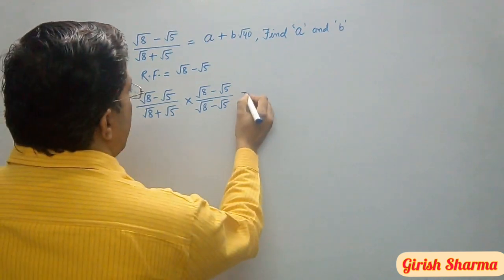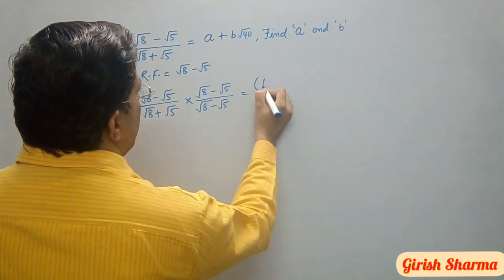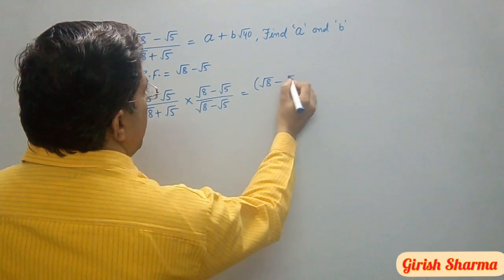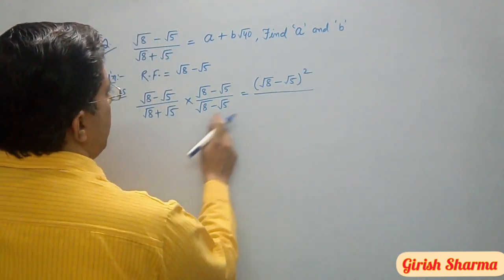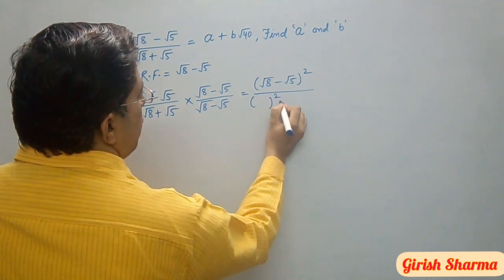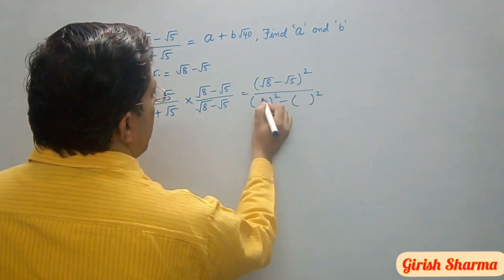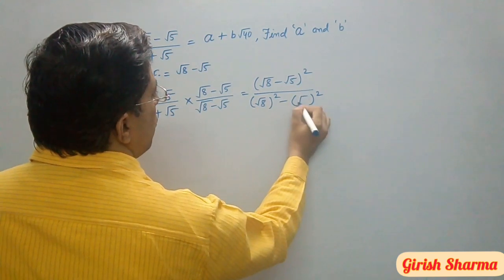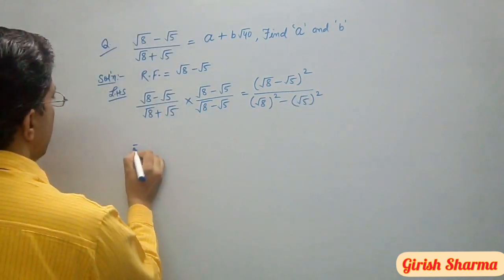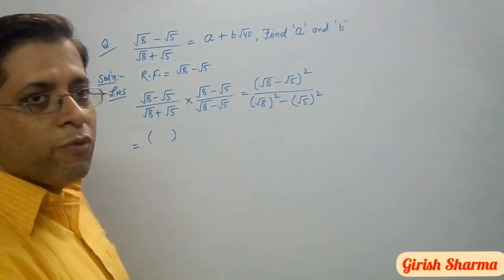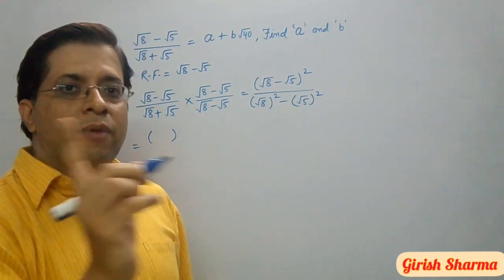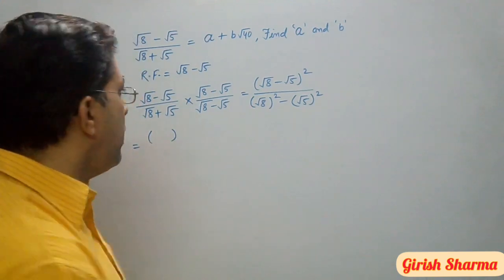If I am multiplying, then what will be the numerator? Root 8 minus root 5 whole square. And the denominator is a plus b, a minus b, a square minus b square. A is your root 8, and b is your root 5. The numerator is a minus b whole square, which is equal to a square minus 2ab plus b square.